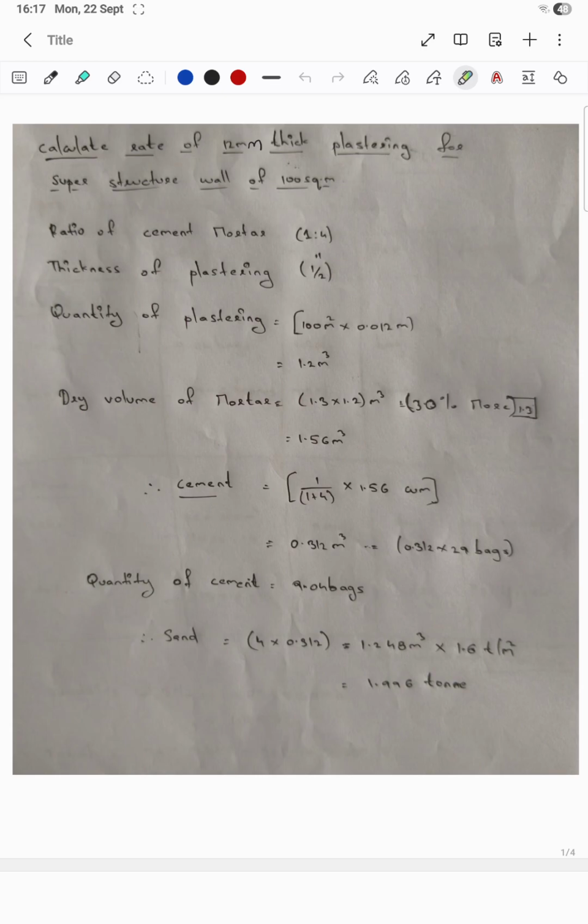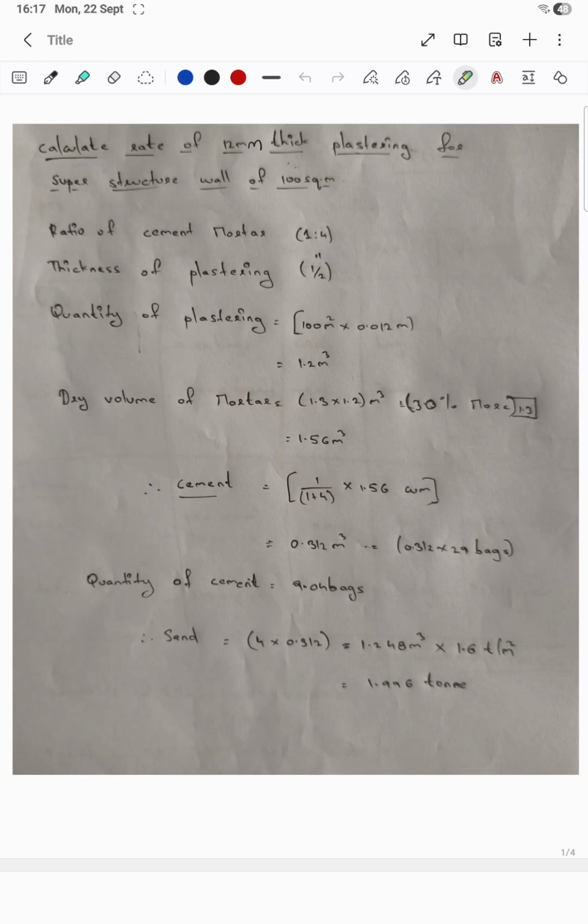We want to add 30% more, so 1.3 into 1.2 meter cube, and the dry volume of mortar is 1.56 meter cube. Now we have to calculate the quantity of cement. The quantity of cement is 1 by 1 plus 4 into 1.56 meter cube, and the quantity of cement is 0.312 meter cube.